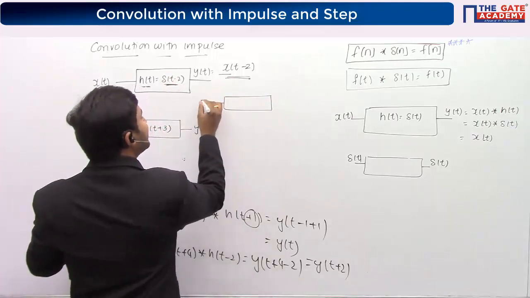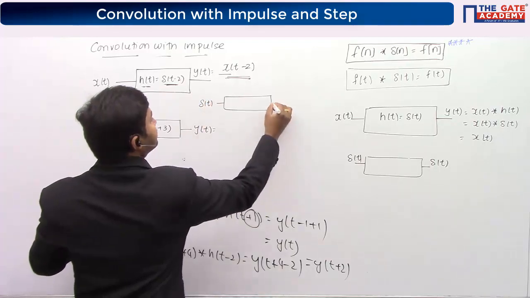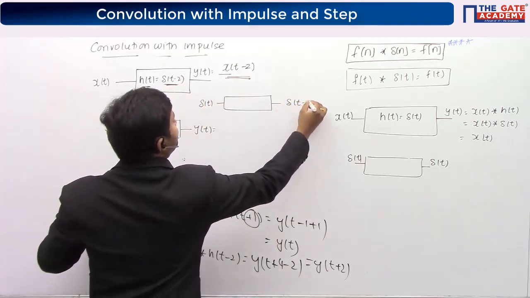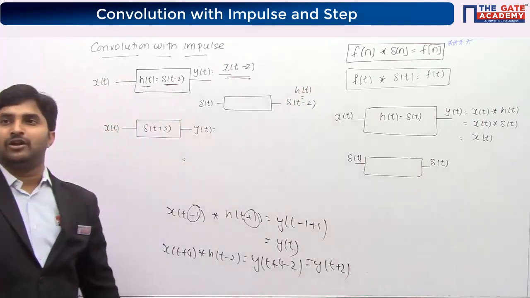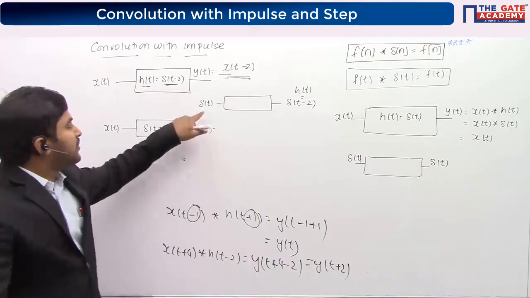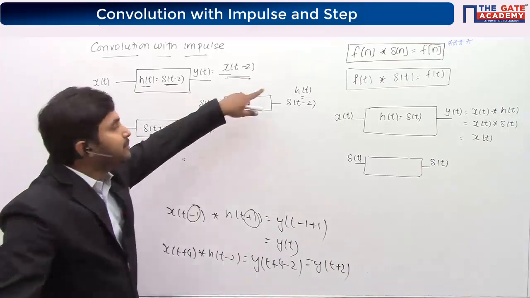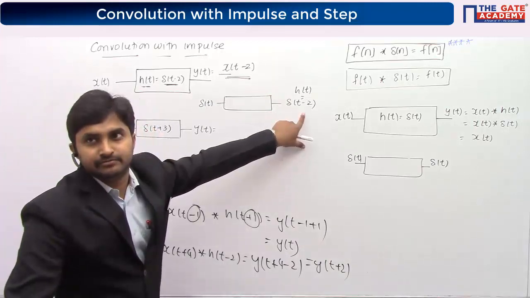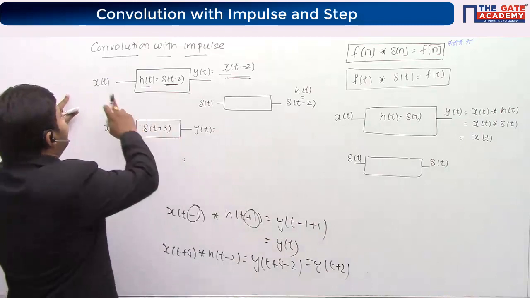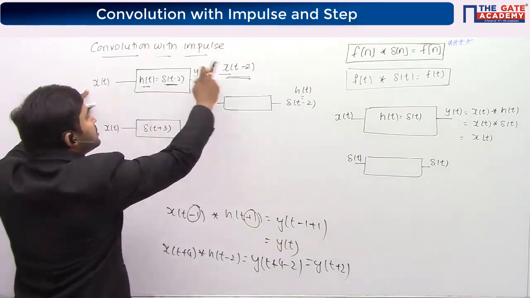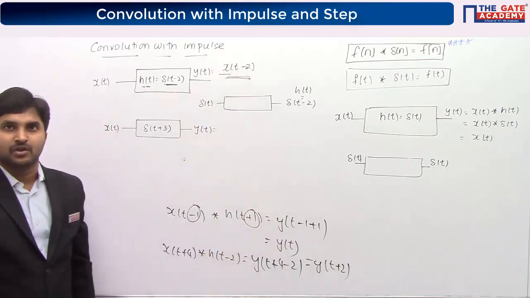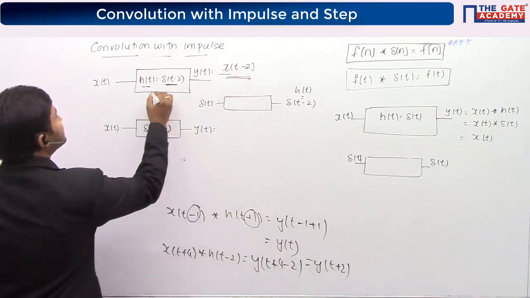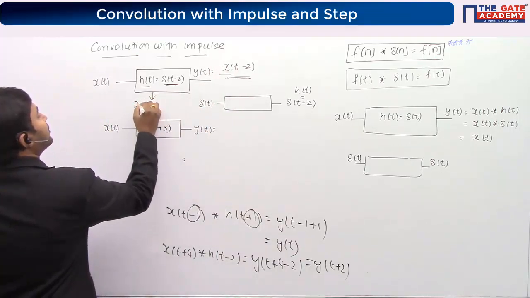If you apply the input as del of t and the response is del of t minus 2, this is what we call h of t. So if you apply x of t here, you will get x of t minus 2. This is what we call the delay circuit.